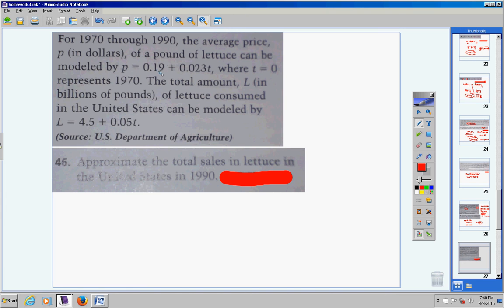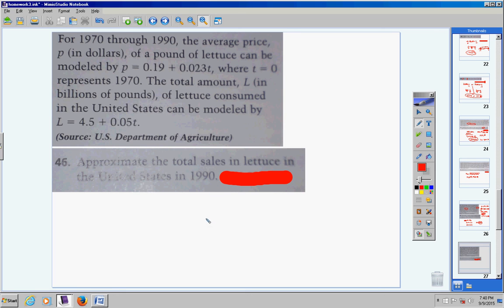We have another model that gives us the total amount of pounds that was consumed in 1 year. Now, this is going to be really hard to see, but let me try to explain this to you, okay? Listen carefully. If I want to approximate the total sales in lettuce, think about this.